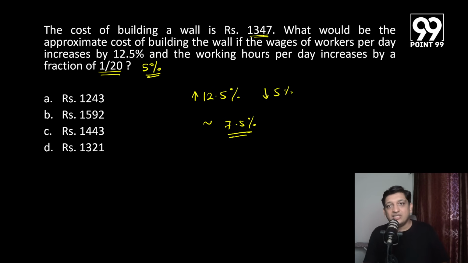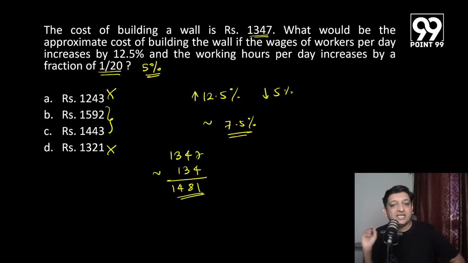Now the initial cost is 1347. We have understood that the effective cost is going to be more than 1347. So this is not my answer. This is not my answer. By what quantum does it increase? That is what I'm looking at. So 1443 and 1592. Now think about this. 1347, if you look at 10% of this, it's going to be around 134. 1347 plus 134 will be 1481-ish.